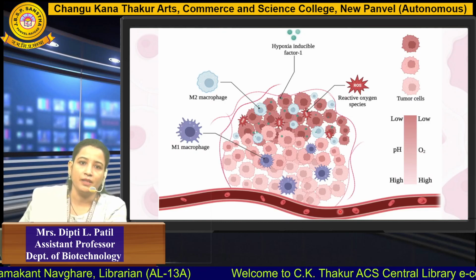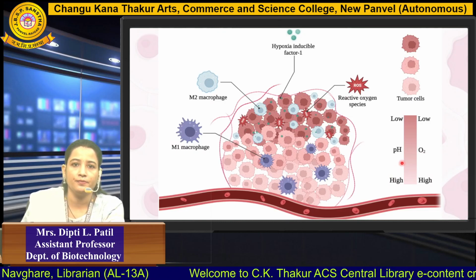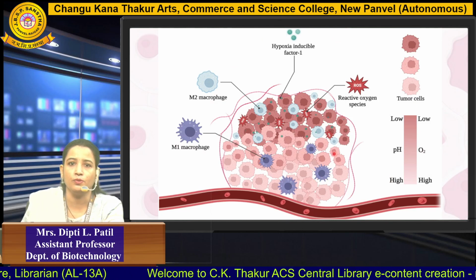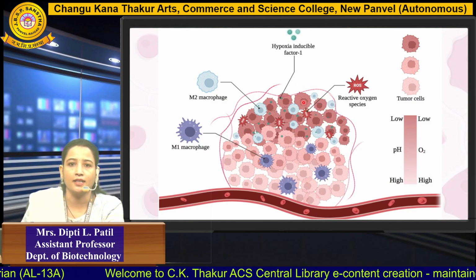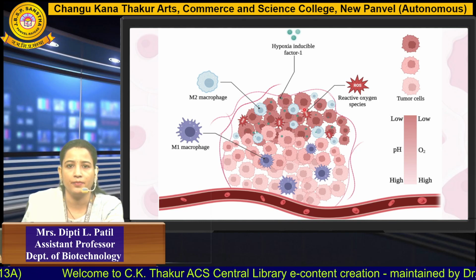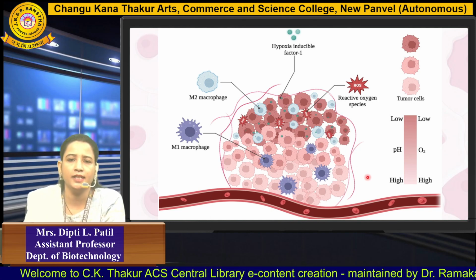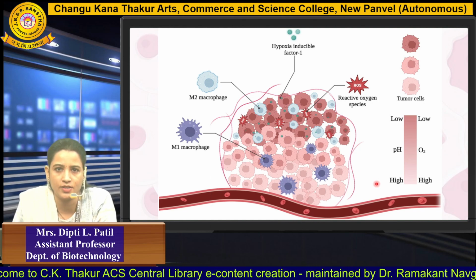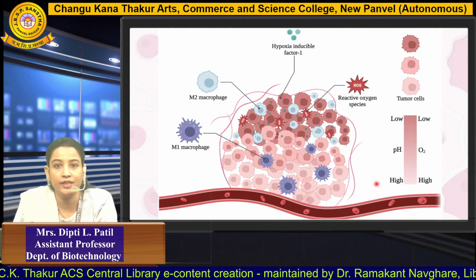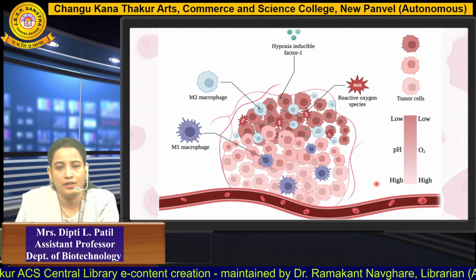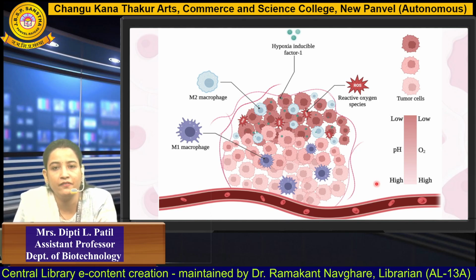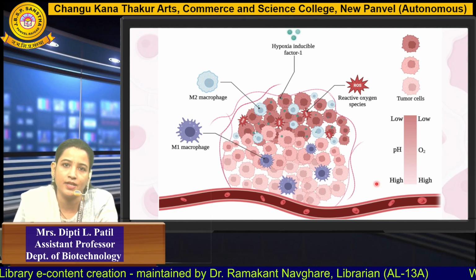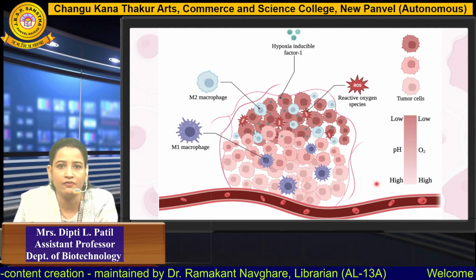You can observe in the picture, this is the tumor, and in this tumor these darker colored cells didn't get enough oxygen, and that's why they induce the formation of blood vessels by activating this HIF, meaning hypoxia inducing factor.